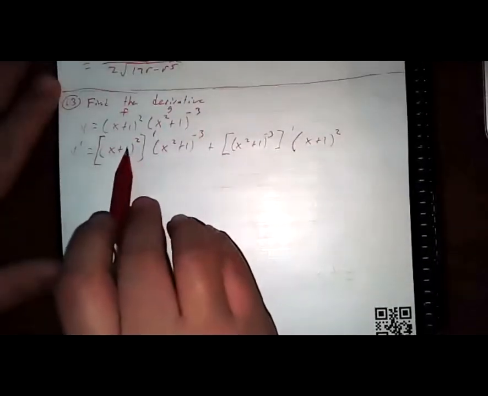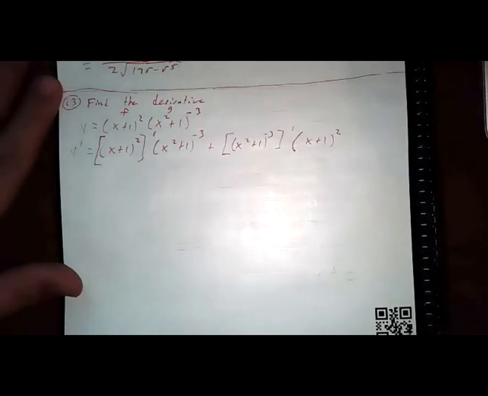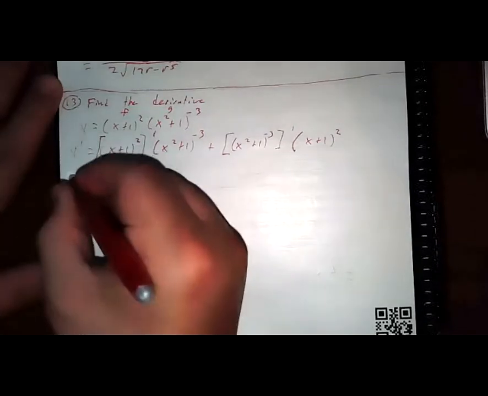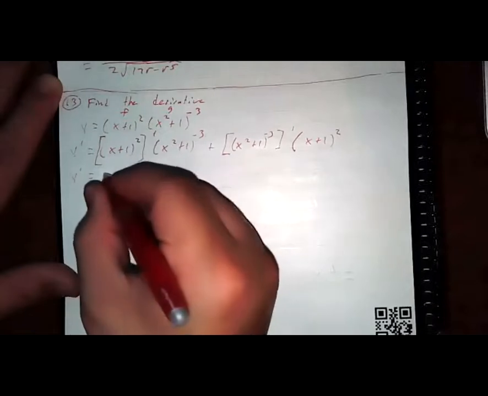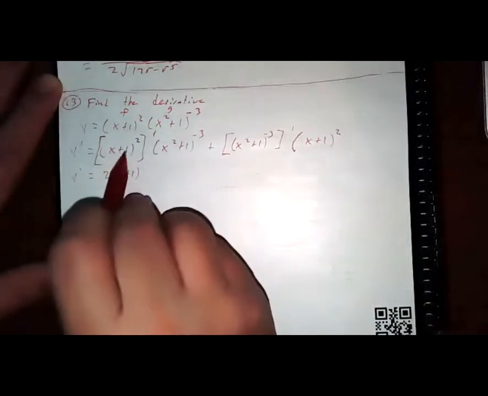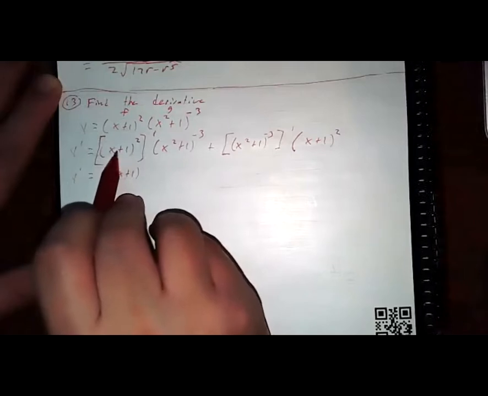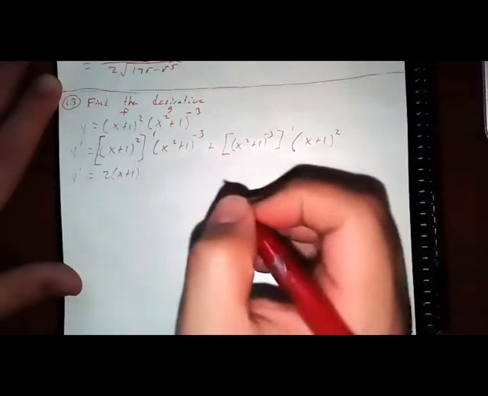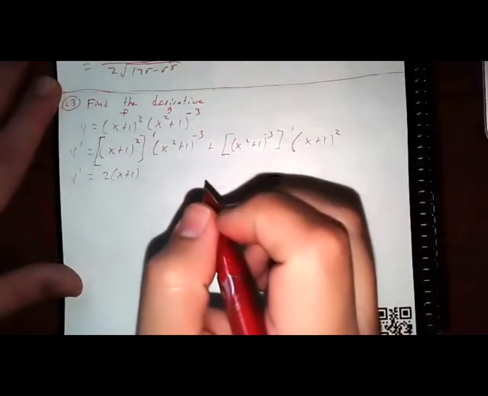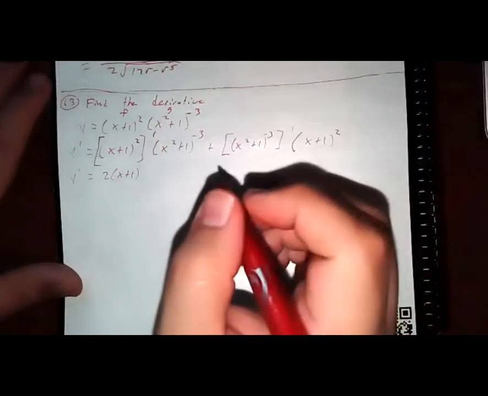So this derivative would be a chain rule. So bring down the 2. The derivative of the inside is just the 1, right? You see that? So it doesn't make a difference. The chain rule is technically always happening. It's just most of the time it's a 1, so you don't even think about it.